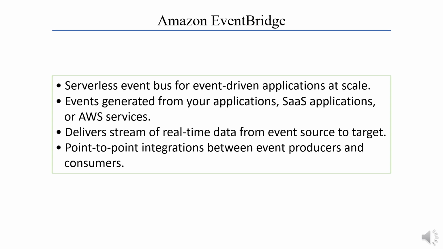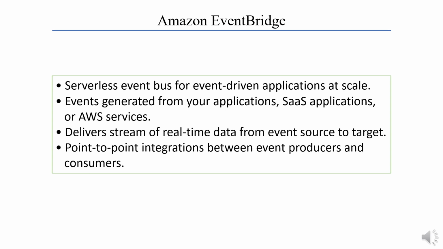It enables you to create point-to-point integrations between event producers and consumers without needing to write custom code or managing and provisioning servers. It also provides real-time access to changes in data in AWS services, your own applications, and software as a service (SaaS) applications without writing code.